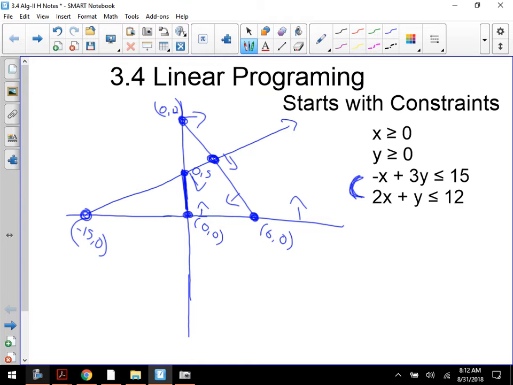So anytime you see opposite signs, eliminate that variable. It's kind of like the top tip, if you will. Use addition there. So I'm going to multiply that top equation by 2 and just rewrite it. I'm going to get negative 2x plus 6y is 30, which means I'm going to add those two together.